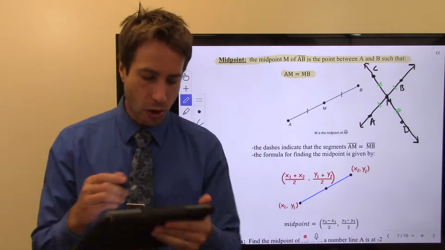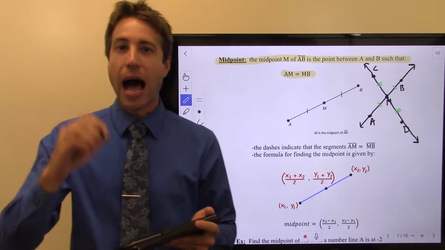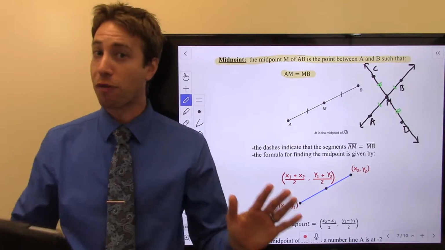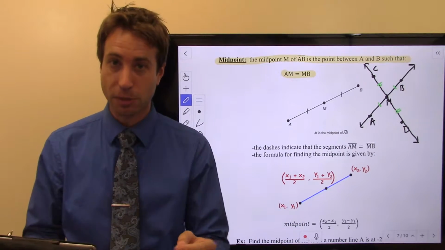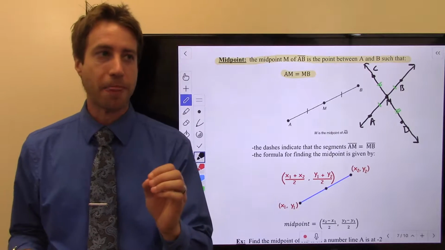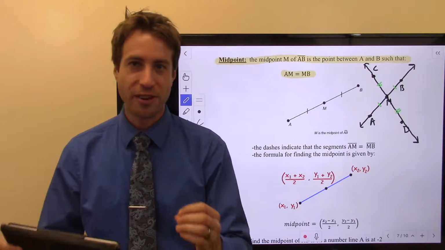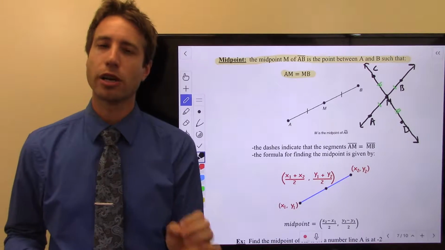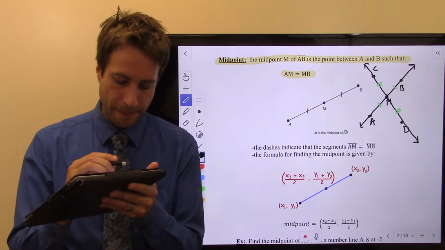Now, a quick note about this. I'm using the term equals, and for now, that is perfectly okay. That is acceptable terminology to use at this point. But without stealing my own thunder, because I don't really want to do that, in geometry we do not use the term equal, and here's the reason why. Let me show you.